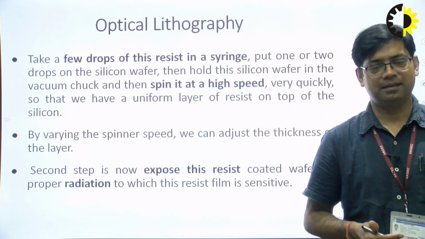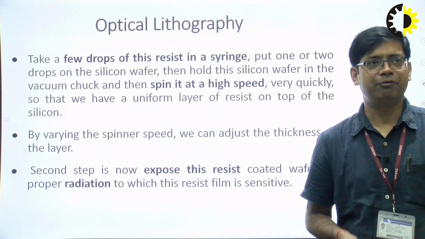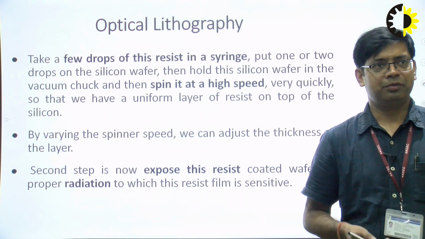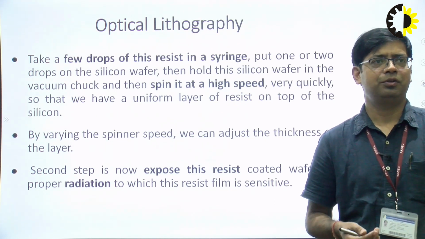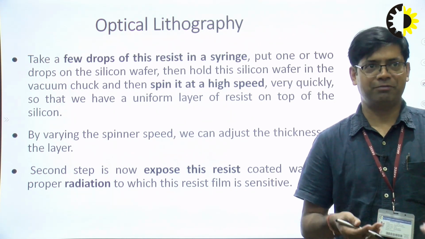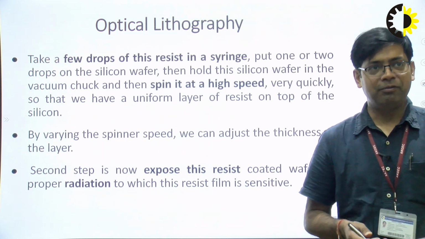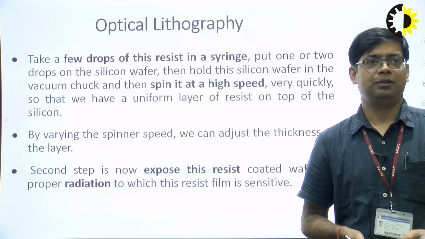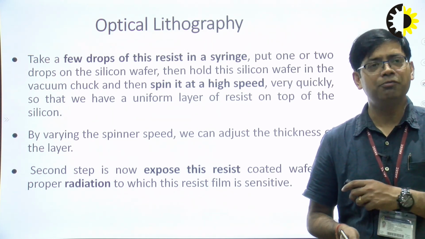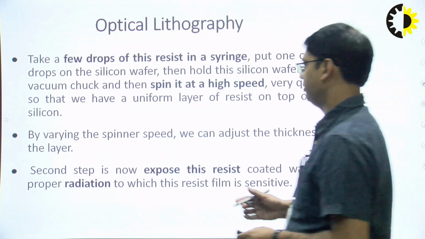As this material is available in a viscous liquid form, a few drops of this resist are taken in a syringe and 1 or 2 drops are put on the wafer, and then this wafer is spun at a very high speed to make a uniform layer of the resist on top of the silicon wafer.